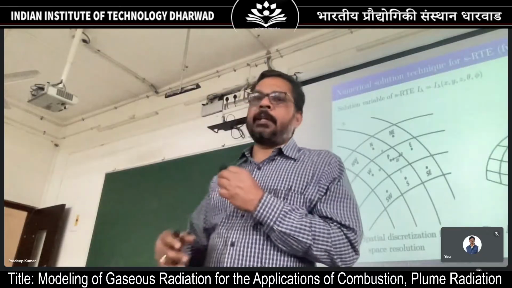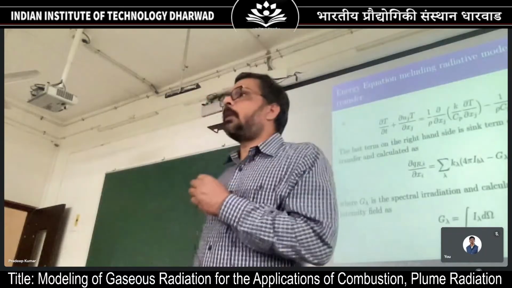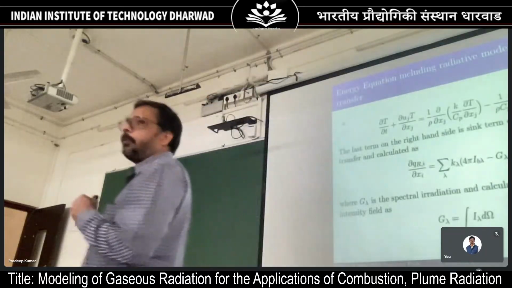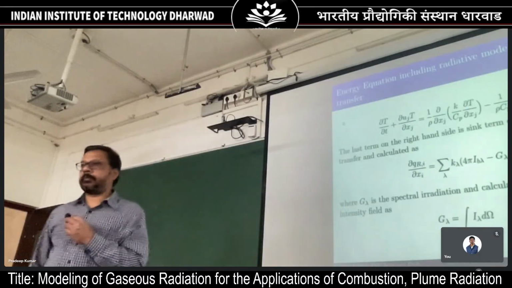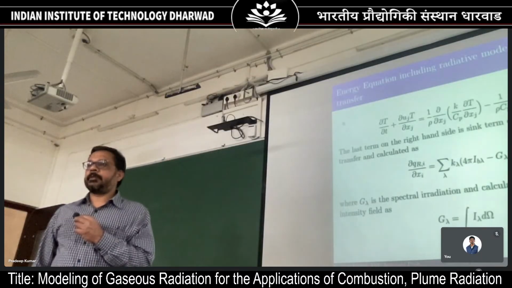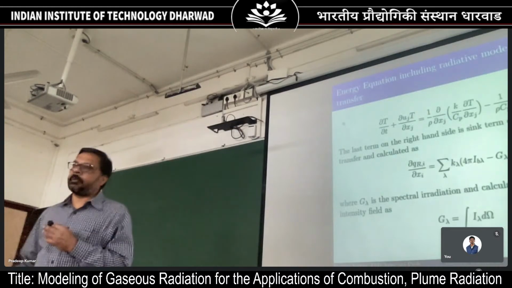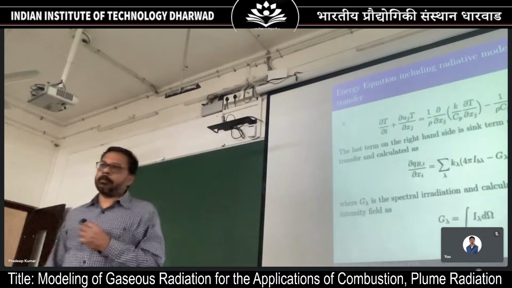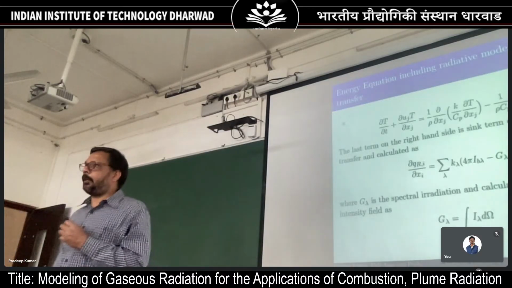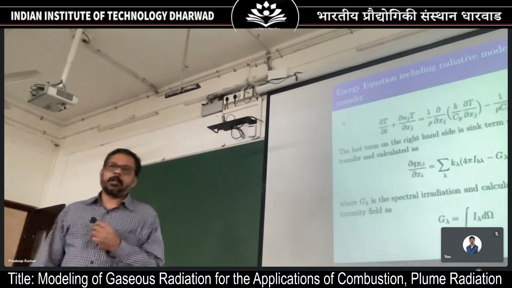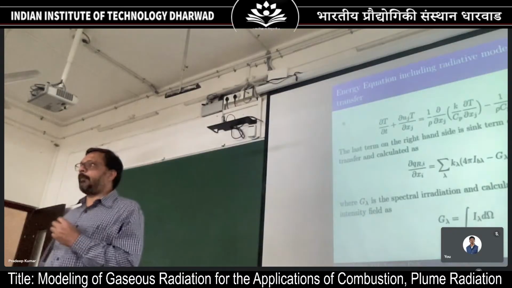You solve the RT on a very coarse grid and transfer all the quantities to a fine grid where you are solving the fluid flow. So agglomeration of the grid, this kind of idea is coming up. We need to put more and more work into it because, as I presented, it is a very costly domain.